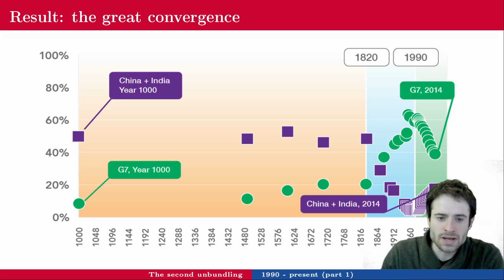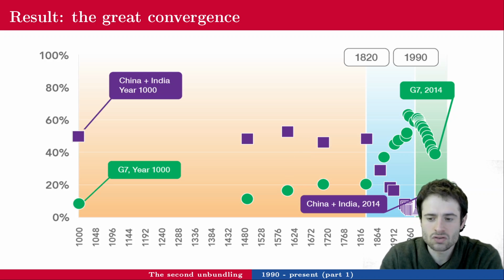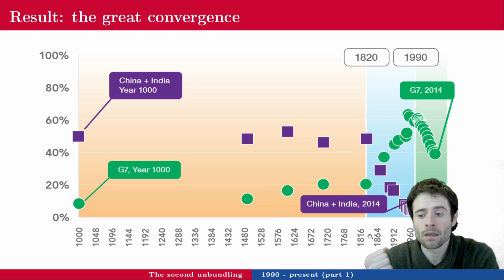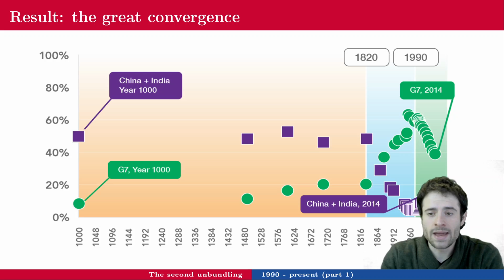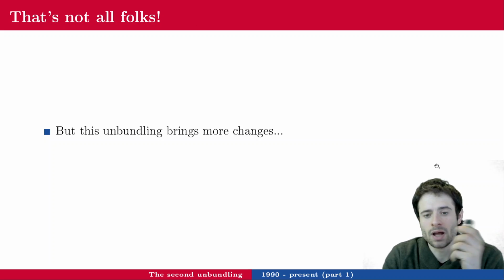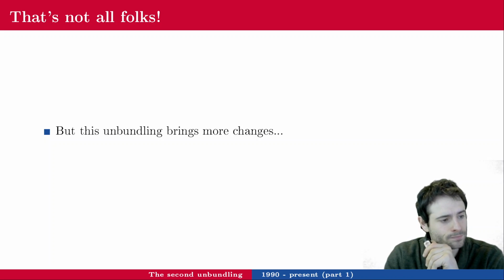As manufacturing now concentrates in developing nations, China and India being two of the biggest recipients of these FDI coming from the north, then their share of world GDP increased again, while at the same time, since most of this production doesn't take place in G7 countries anymore, the G7 share of world GDP decreased. But that's not all, and this is what part 2 will be about.